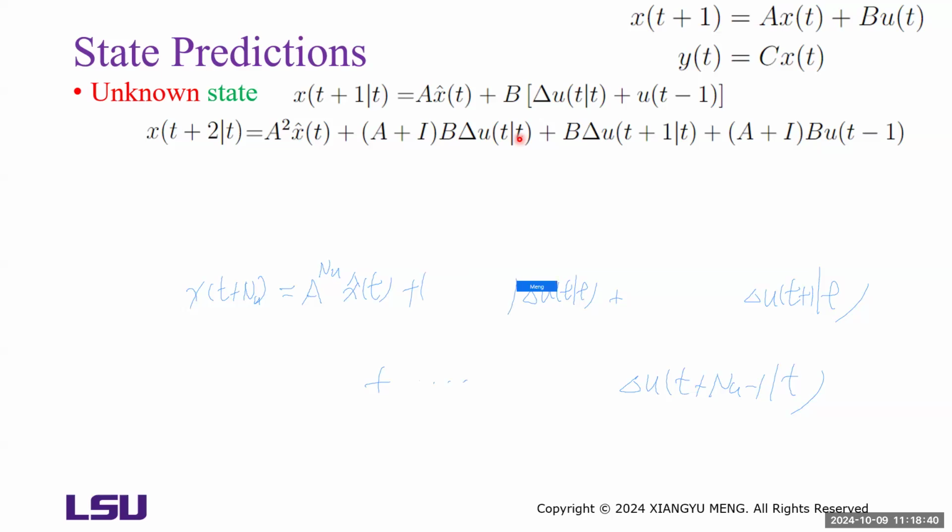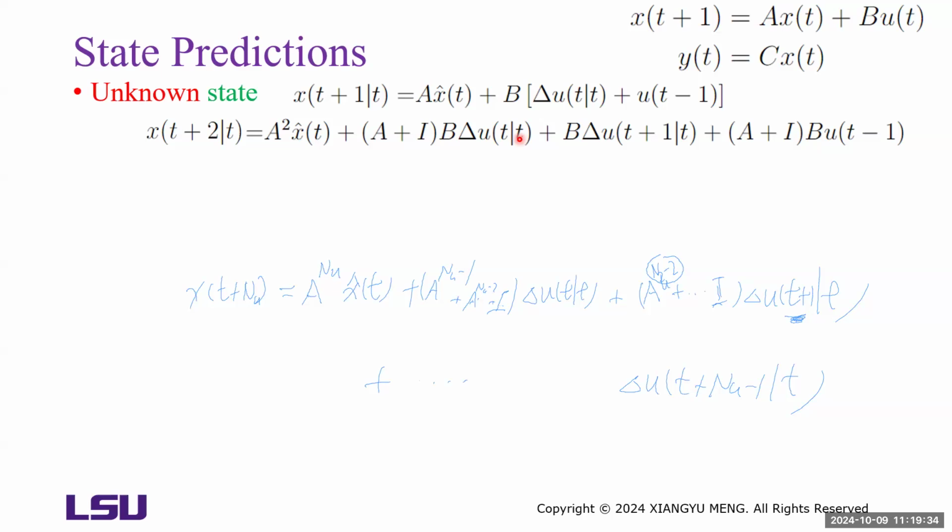Then for the coefficients, it will be one degree less than A to the power of nu, so A to the power of nu minus 1, then A to the power of nu minus 2, until I. Similarly for delta u t plus 1, it starts from A to the power of nu minus 2, one degree less, and so on until I. So because this is the case, the order of this A will be t plus nu minus 1.